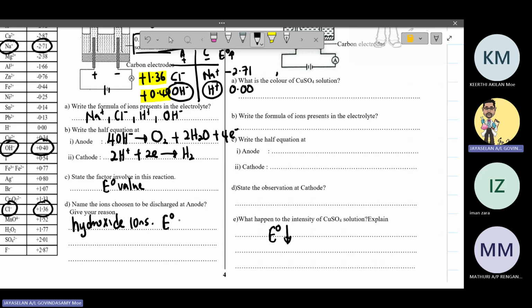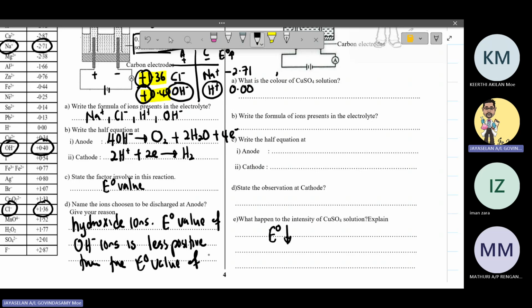The E naught value of hydroxide ion is less positive than the E naught value of chloride ion. So you get one more mark.